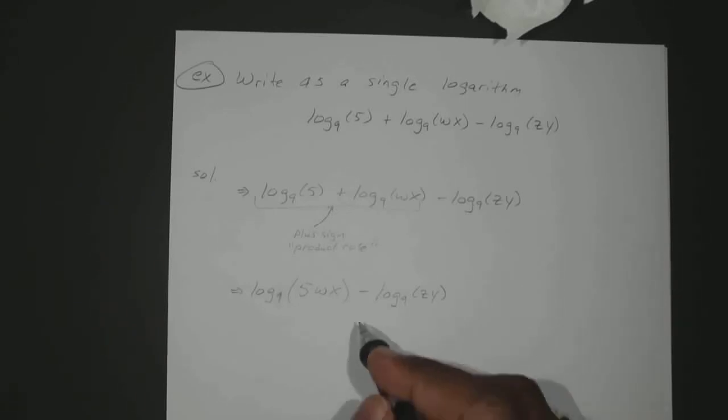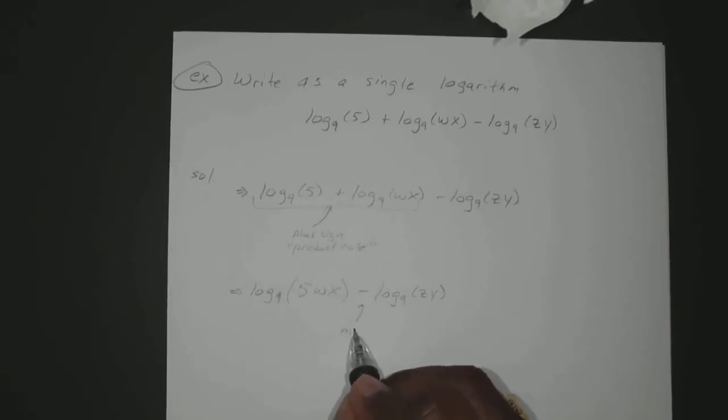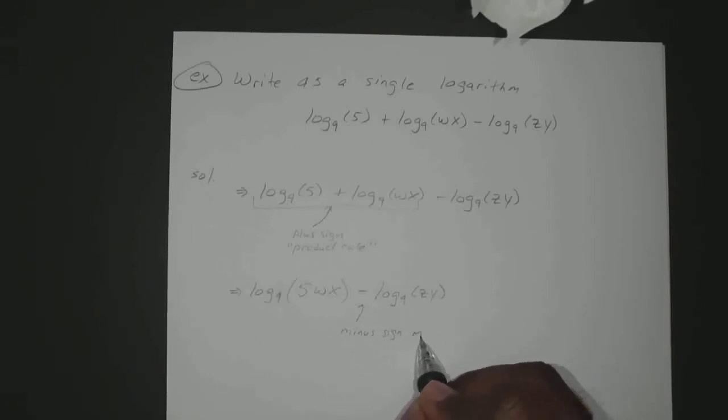Okay, so now we get rid of our minus sign. Minus sign means quotient rule.